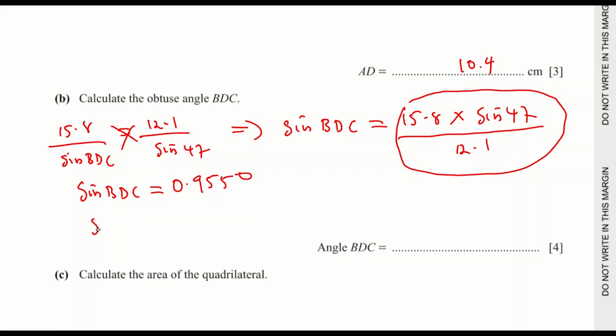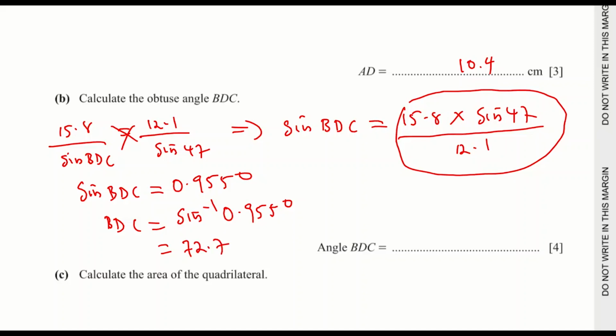Then if you take sine inverse of both sides, BDC equals sine inverse of 0.9550. If you input this into a calculator, you should get 72.7.